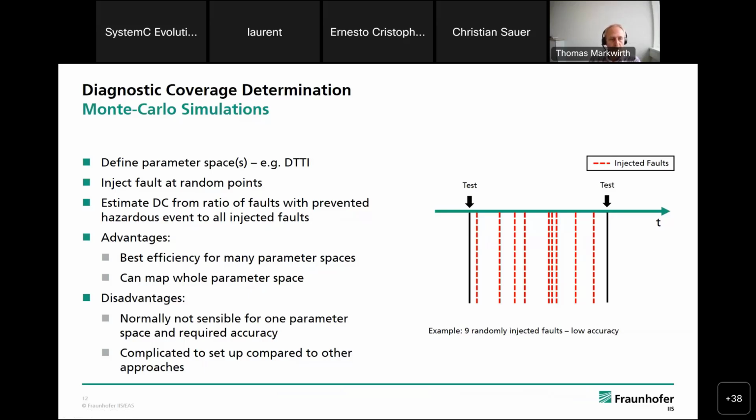The disadvantage is that this is normally not sensible for one parameter and required accuracy. But we want to take a look here to make it simple, therefore we are only focusing on one parameter. And Monte Carlo simulations are normally a little bit more complicated to set up compared to other approaches, but it's also not so important here.